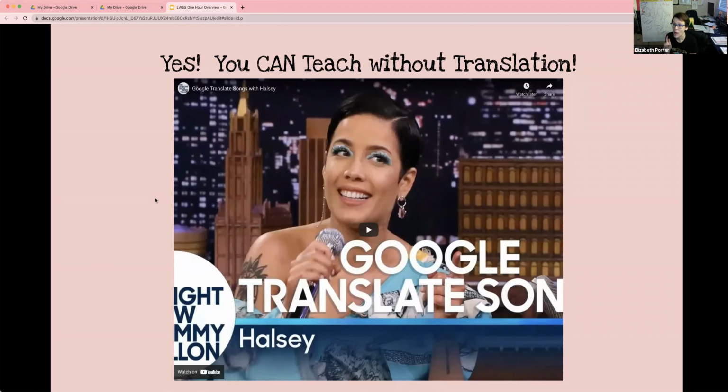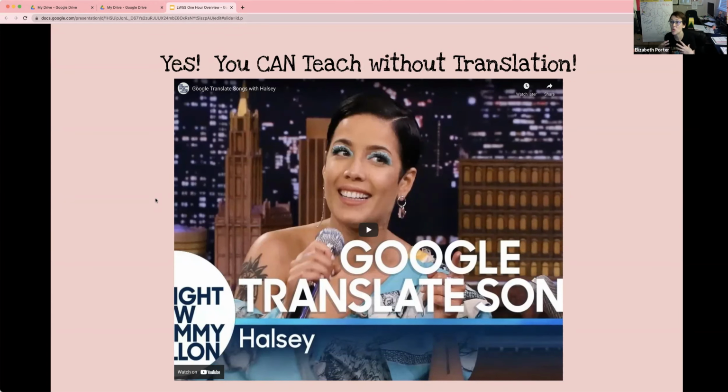So we use images in language with the five senses. We use gestures in language with the five senses. We make sure that students can use all of their senses in order to get through the reticular activating system, through the amygdala, and into the upper part of the brain where they will retain the language skills in their long-term memory.